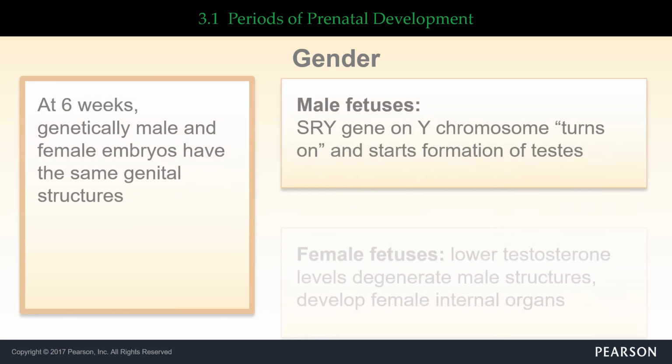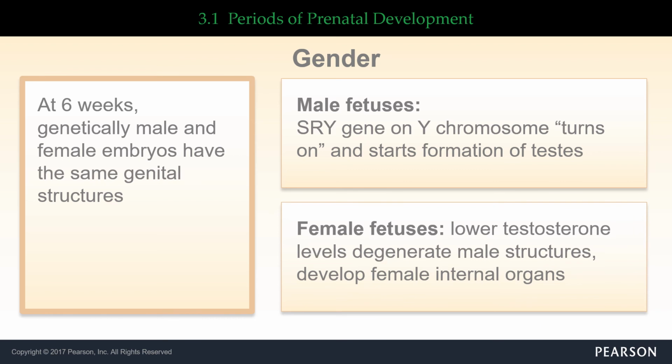At 6 weeks, genetically male and female embryos have the same genital structures. So they look exactly the same. Male fetuses have the SRY gene on the Y chromosome. This gene turns on at 6 weeks and starts forming the testes.